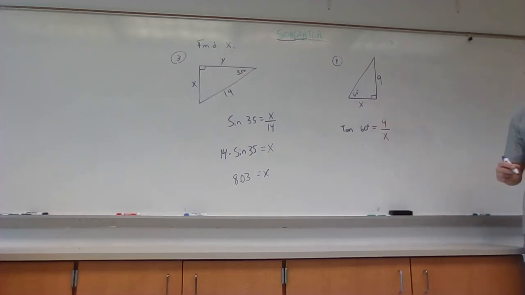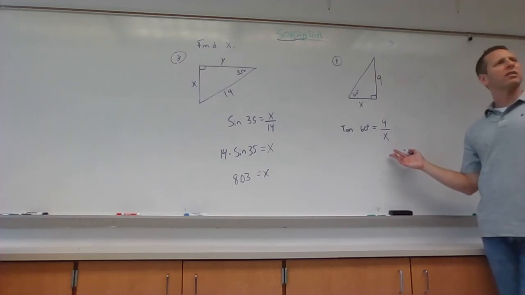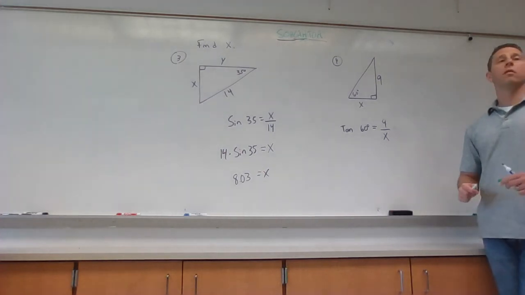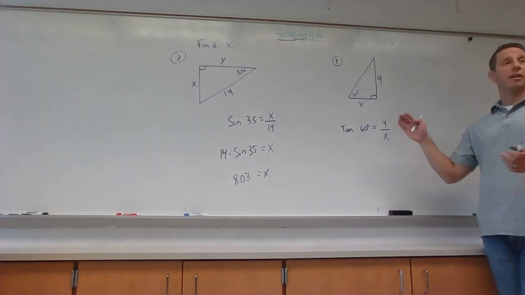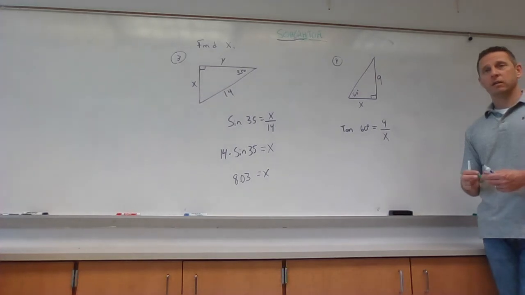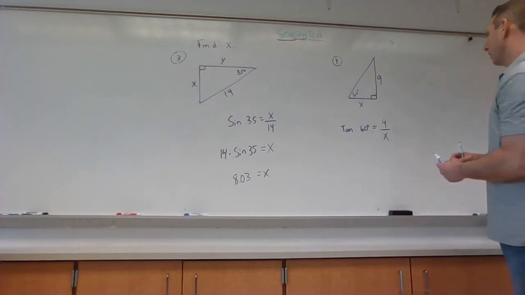Opposite adjacent. So now we need to solve for x. How do you solve this for x? Josh? If the 9 was in the denominator, you would multiply both sides by 9. Divide both sides by 9. Or more accurately, multiply it by 1.